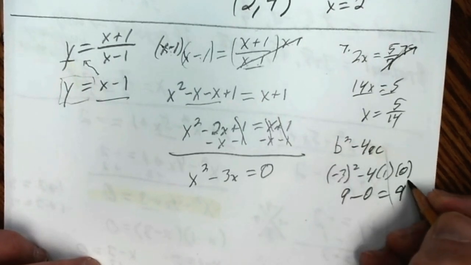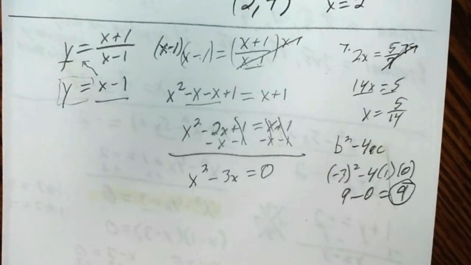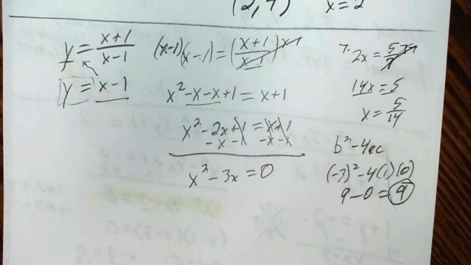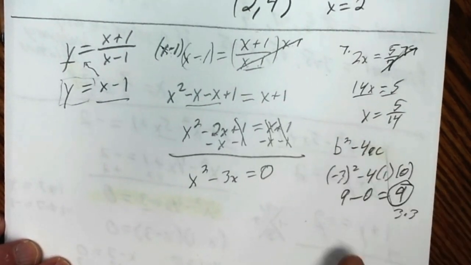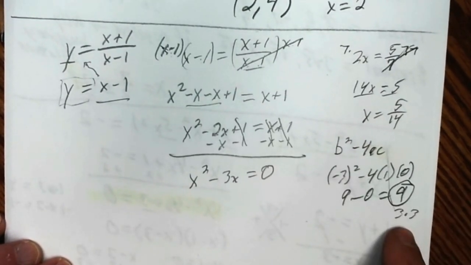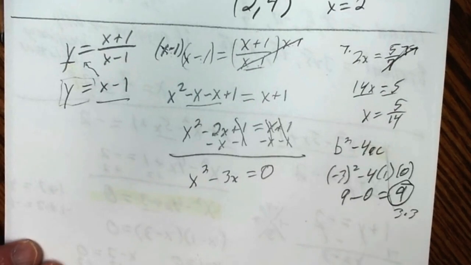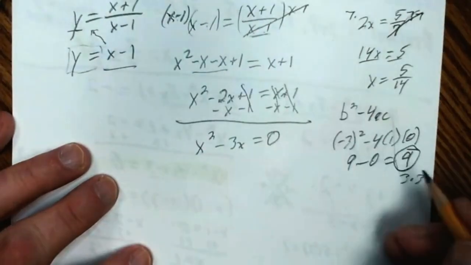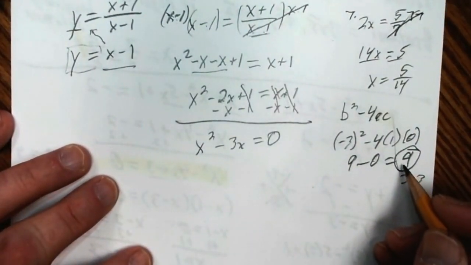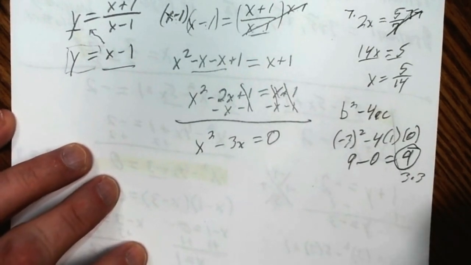So the discriminant equals 9, which is a perfect square. It's a positive perfect square because that's 3 times 3, right? So that tells me there's going to be 2 nice answers. So I should continue. I know there are solutions, and they're actually going to be nice solutions. As long as this isn't negative, we need to continue. If this is negative, then there are no solutions.